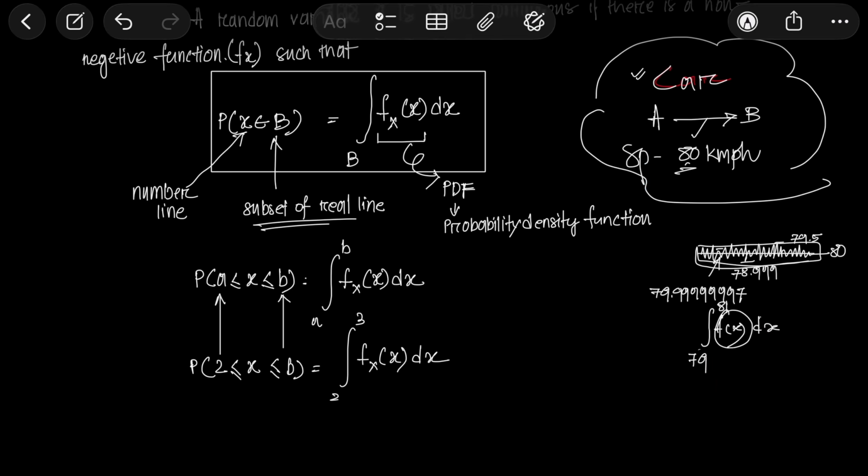We don't say 80 kilometers per hour, we will say it was moving between 79 and 81 kilometers per hour. It will be more accurate because the car cannot maintain a speed of 80 kilometers per hour throughout the distance from A to B.